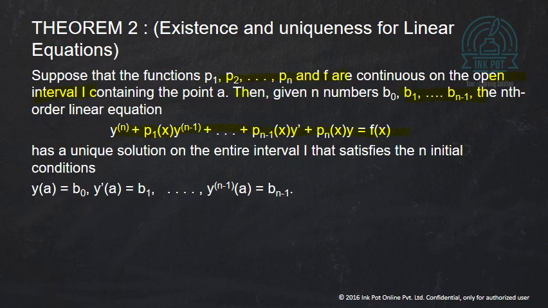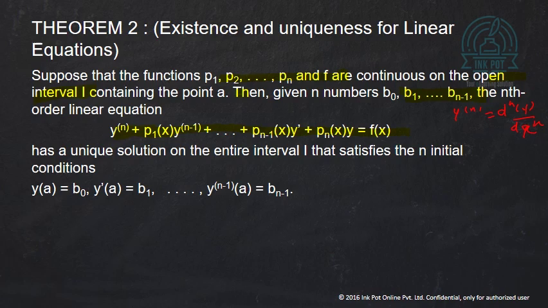So here y^(n) is the nth order derivative of y, y^(n-1) is the n minus 1th order derivative of y, that is y^(n) is equal to d^n y over dx^n. Similarly y^(n-1) is equal to d^(n-1) y over dx^(n-1).